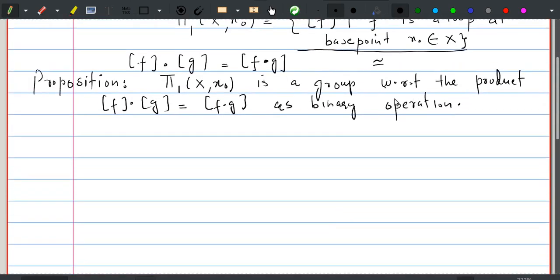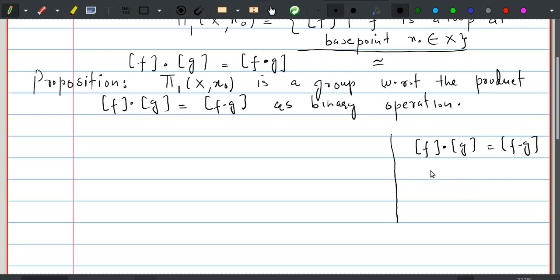First of all, we are going to prove that this operation is well defined. We have this operation, the class of f dot g. We need to prove that this operation is well defined.